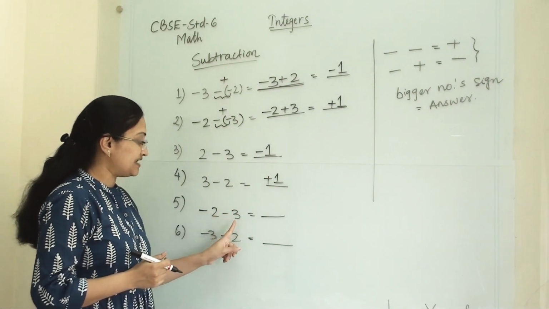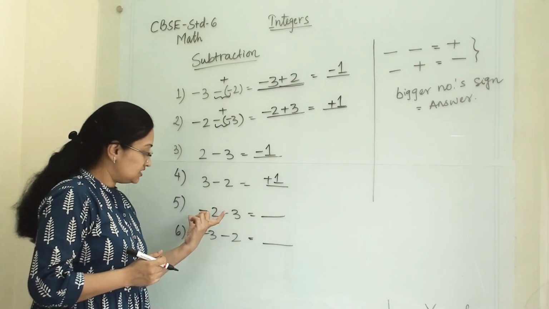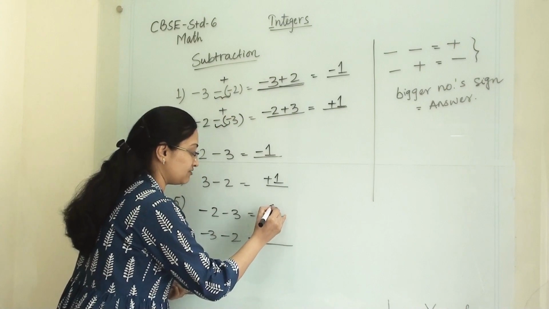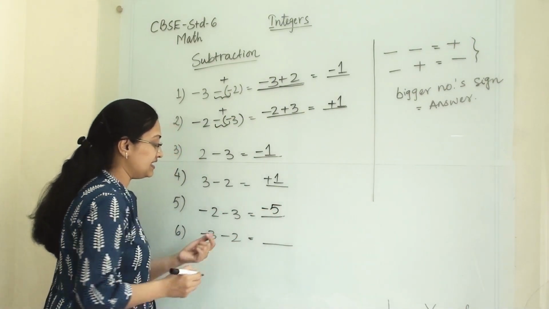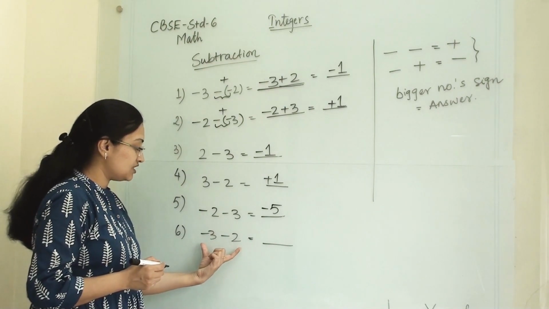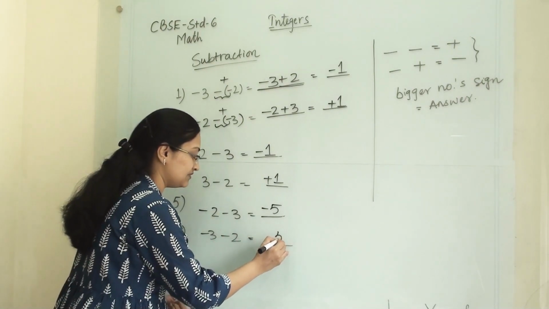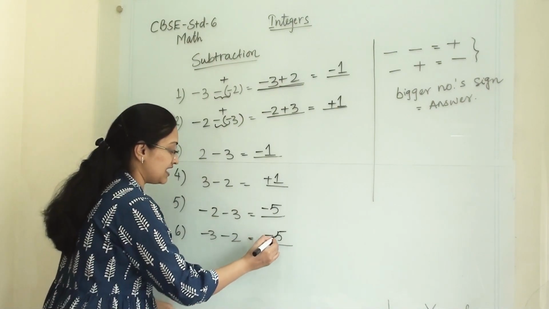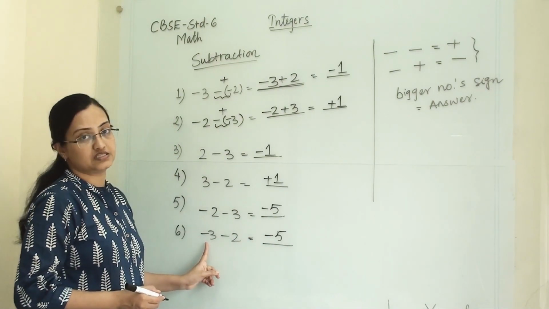Minus 2 minus 3. So minus minus will become plus, so here we will get 5 and it will carry bigger number's sign. Minus 3 minus 2. Here also it will remain the same, that it will be addition and the answer will carry bigger number's sign.